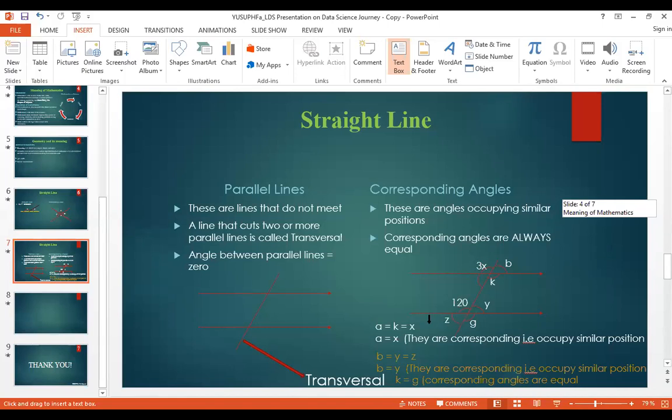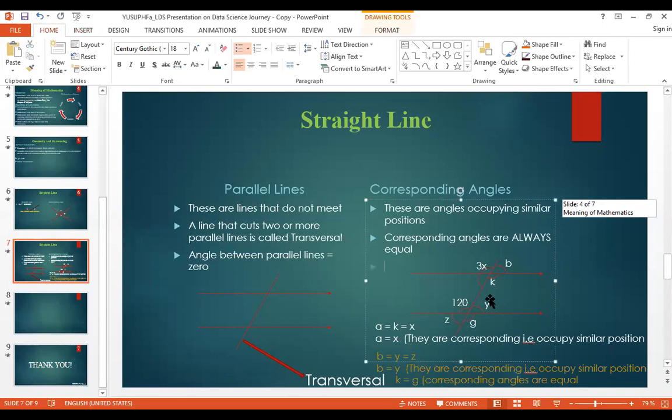This is the bottom of this line. So because 3x is at the top, 120 is at the top of this line, and also 3x is to the left, and 120 is to the left. So 3x is equal to 120. Corresponding angles are equal. I want to believe Moyo and David too are listening to me. Stop playing, okay? So that is why they are equal.